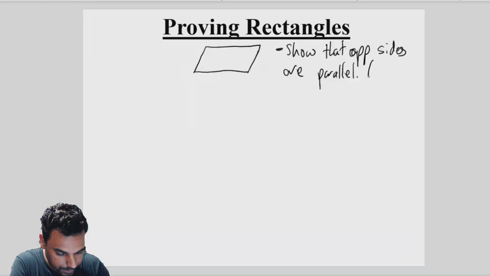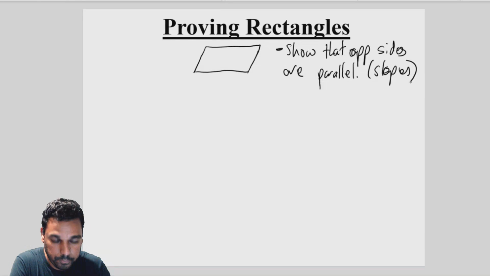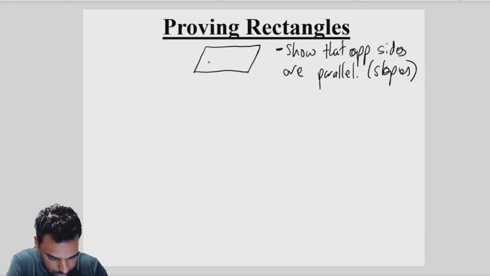And we could do that by using slopes. If opposite sides have the same slope, then they are parallel. Okay, so this is just a general parallelogram.